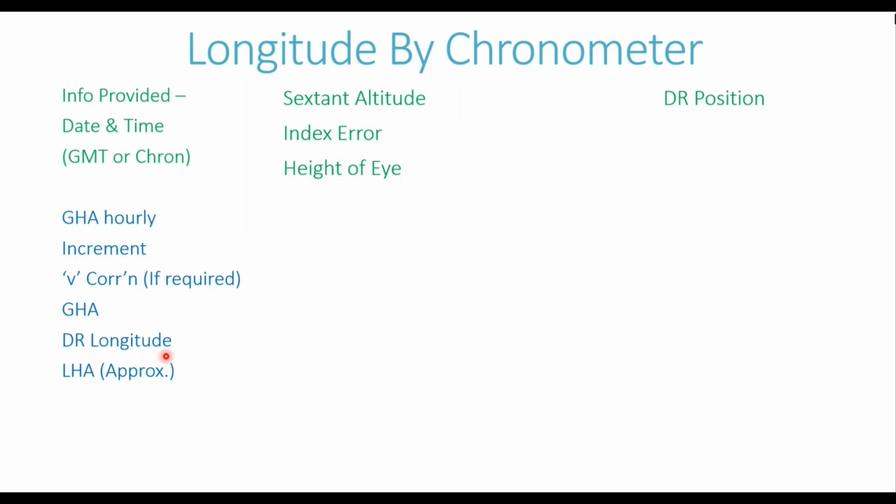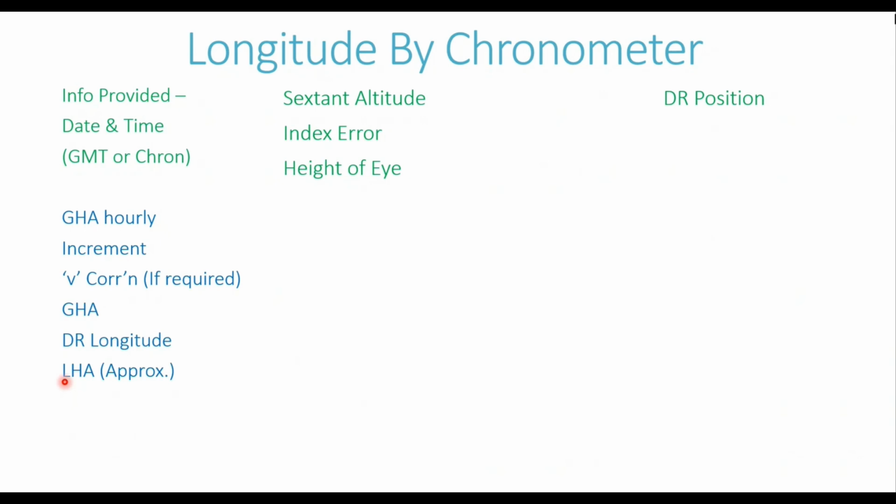However, there could be an error in the DR longitude, giving an error in the LHA also. That's why we have written approximate here. The second reason is later on in the question, we will be finding the exact LHA also. And just to distinguish between the two, we have marked it as approximate.